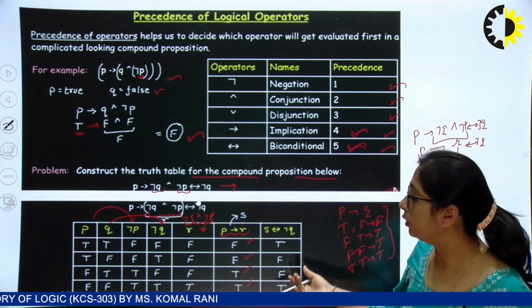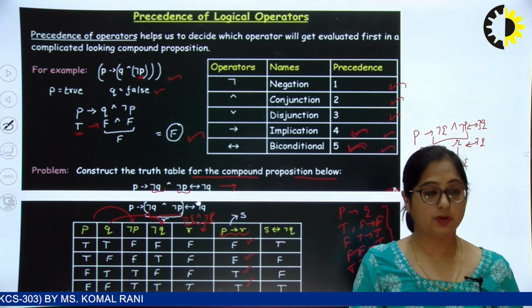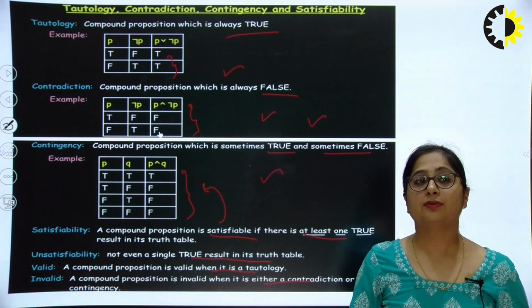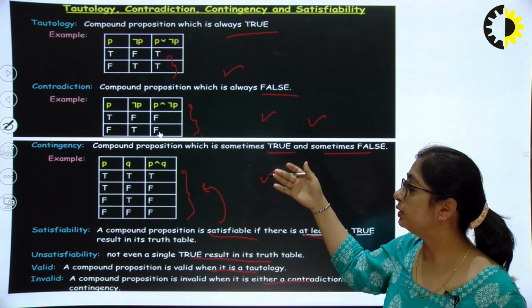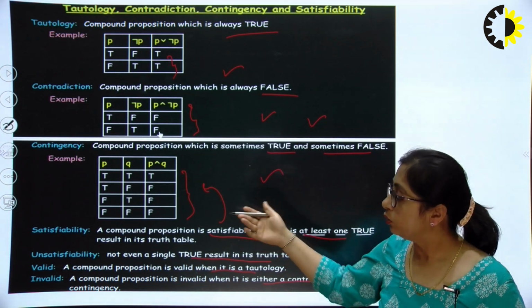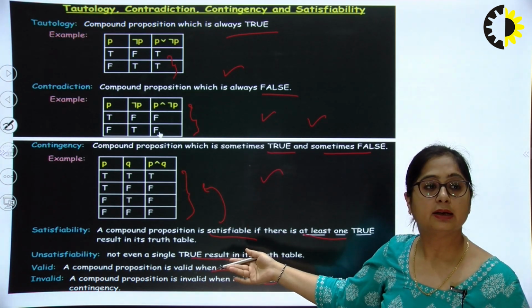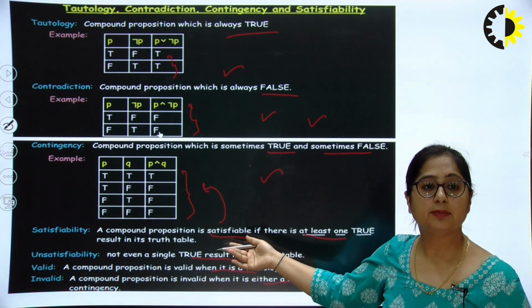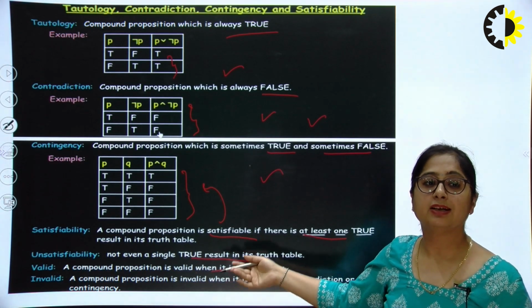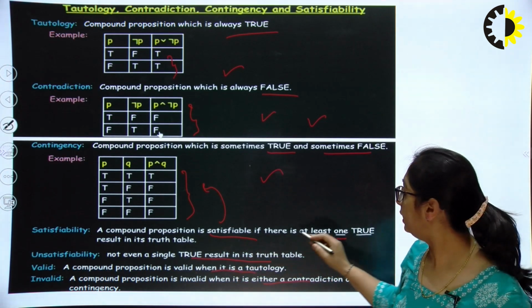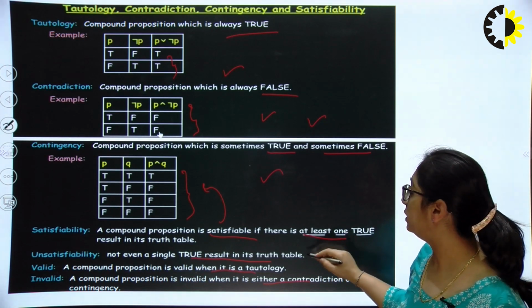So this is how to solve the truth table. Now there are types of statements: tautology, contradiction, contingency, and satisfiability and unsatisfiability. Satisfiability means at least one true exists in the result, and unsatisfiability means not even a single true exists, which indirectly shows that it is a contradiction in nature.